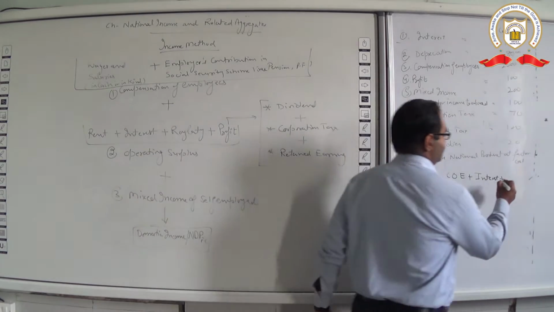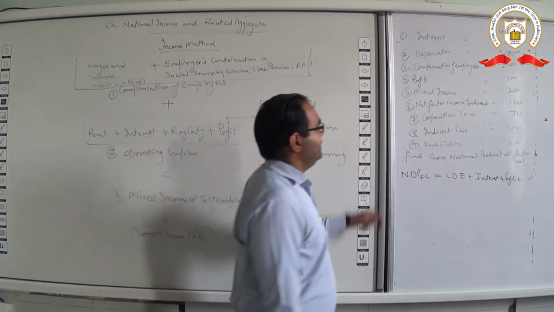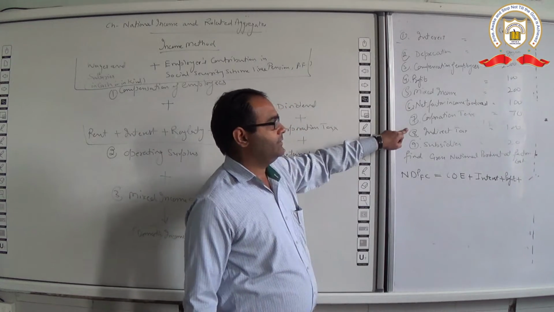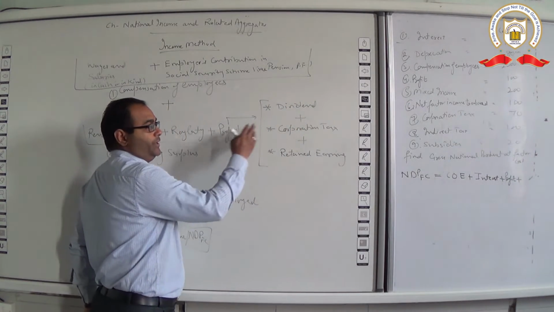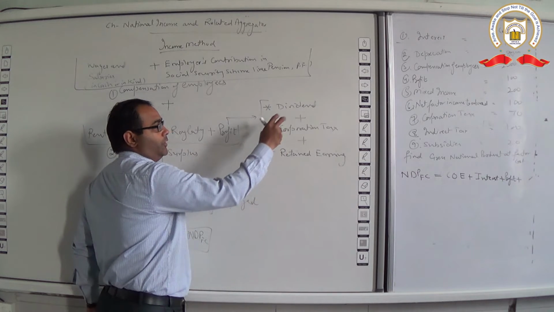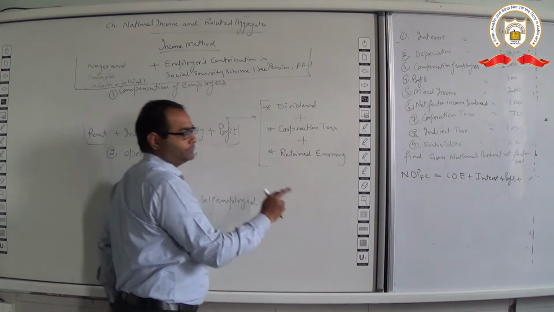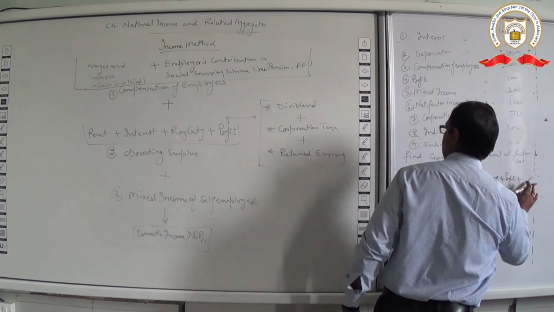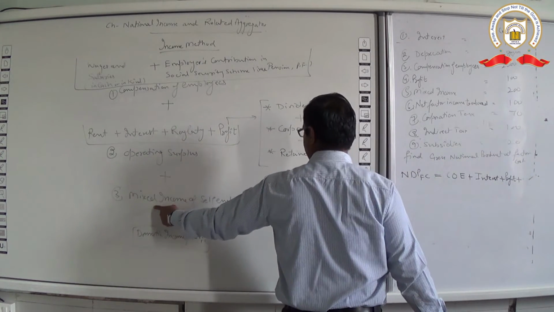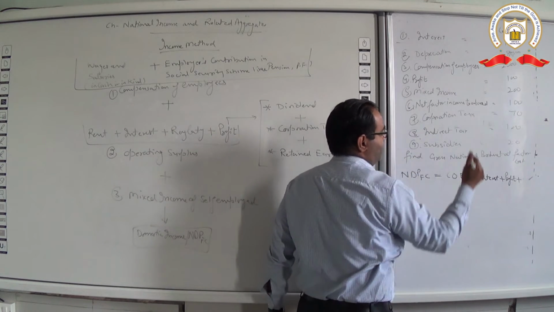Profit, yes, it is given in the question. We see that besides profit, corporation tax is also given. Corporation tax is part of profit, so we need not take it separately, because these three items are part of gross profit. And next is the third component, mixed income of self-employed. Yes, mixed income is also given.